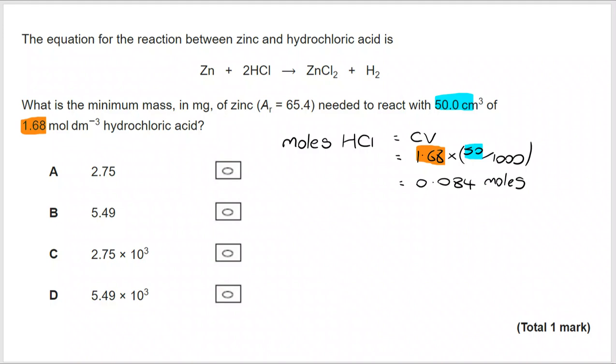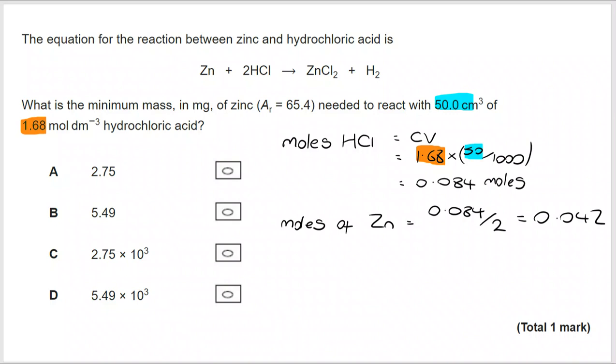We're actually more interested in the zinc. So my moles of HCl and moles of zinc, I have got a 2-to-1 ratio. 1 mole of zinc reacted with 2 moles of HCl. So my moles of zinc that I started with are 0.042.